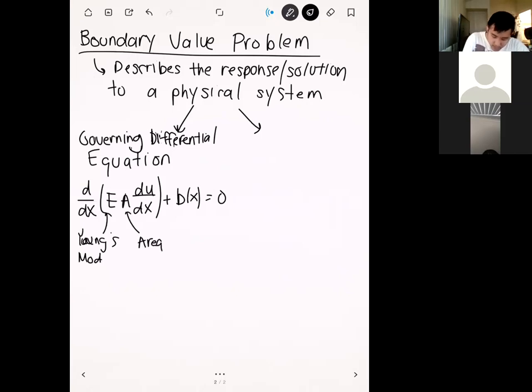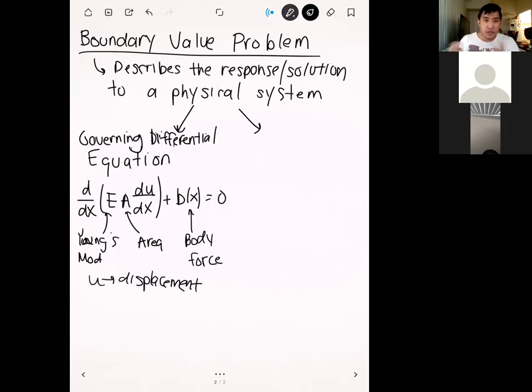And the u that's in the differential here, u is the displacement. Okay? And so this b of x, this is kind of a new term right here, and we'll dive into this a lot more later, but this is a function that describes a body force. Okay?